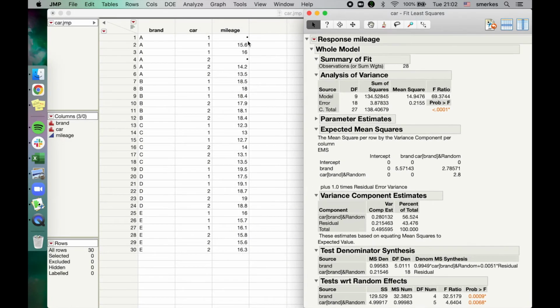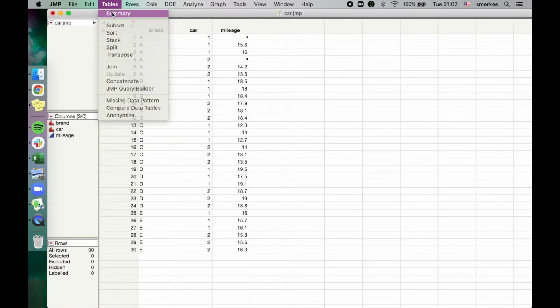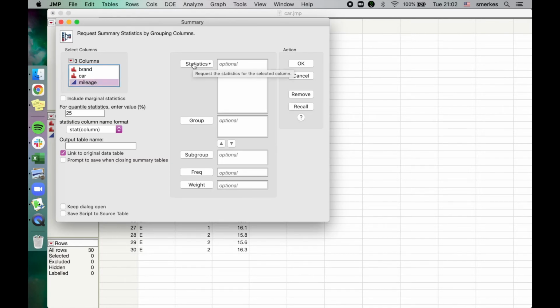Okay. Now, let's look at if we did table, summary, mean of mileage by group.